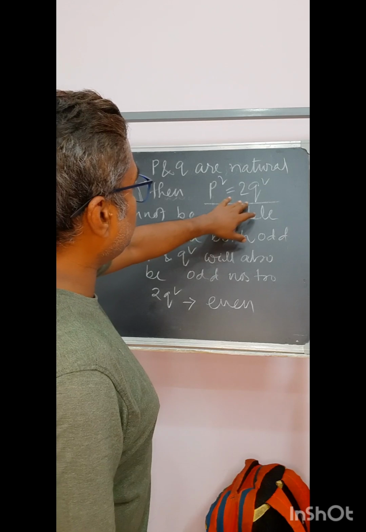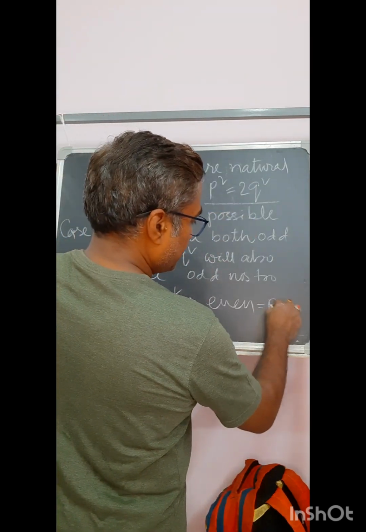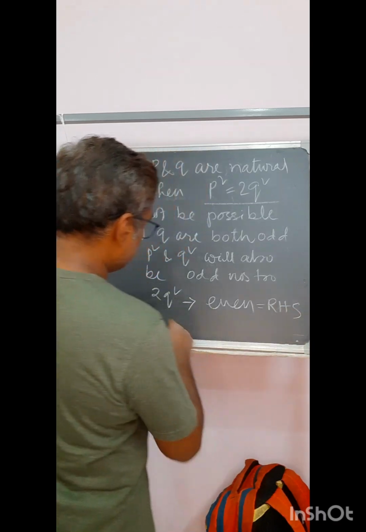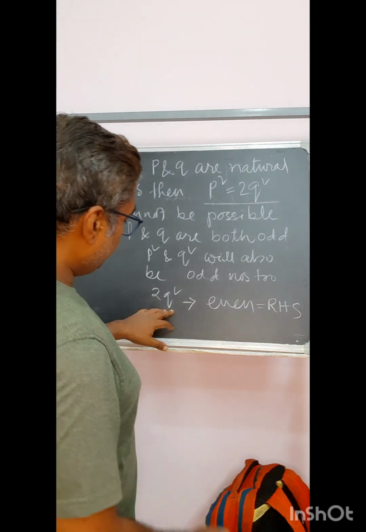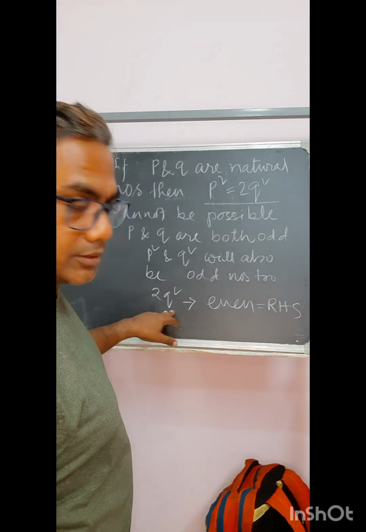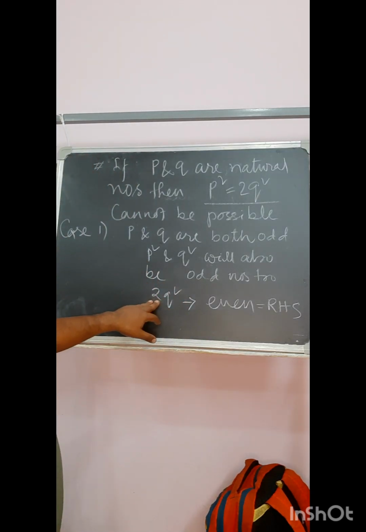So if you see in the equation, on the right hand side, 2 into Q square would be even for any number here, because 2 is a factor, so this is an even number.